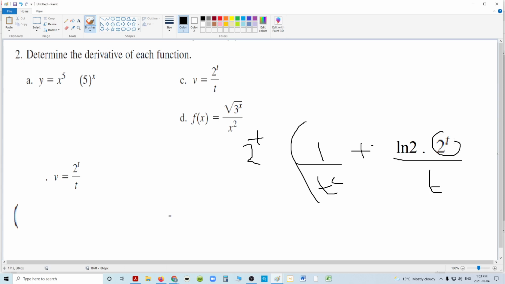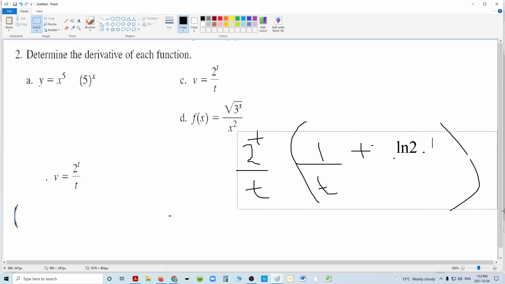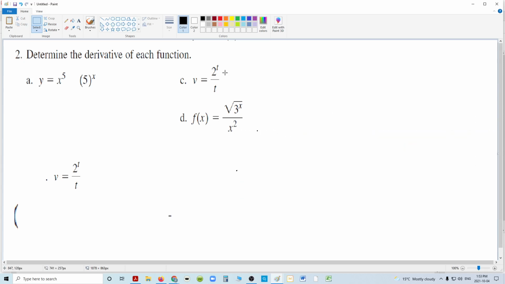And I can take 2 to the t out of this one, and I'm left with ln t over t. So that would be a simplified version of it if I wanted to. I could also take 1t out of them, and I'd be left with this 1 over t here, and this like that, if I wanted to. Various ways you can represent it.